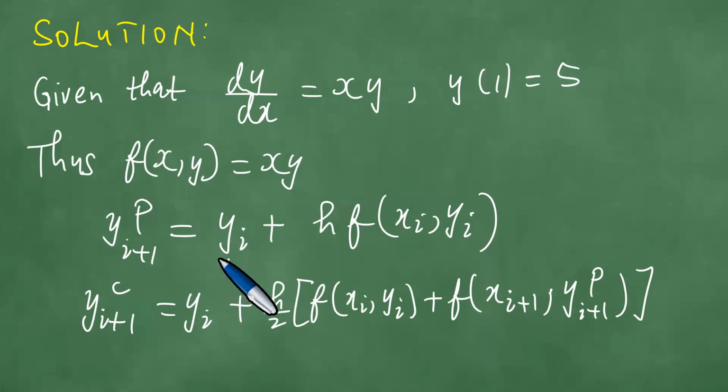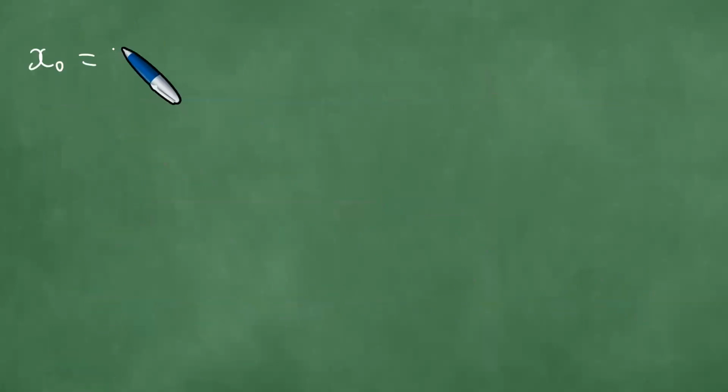First things first, we shall say x0 is 1, and y0 is 5.